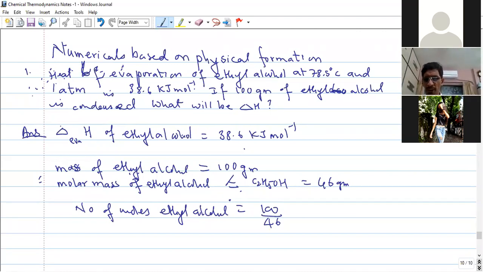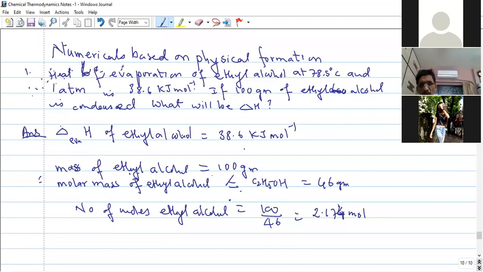So 100 upon 46 is equal to 2.174 mole. The mass of ethyl alcohol is 100, the molar mass is 46, so this is the number of moles.